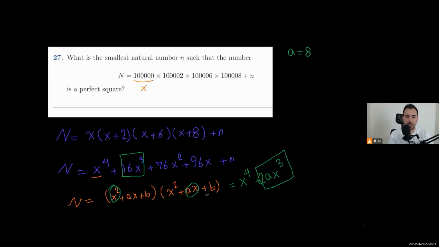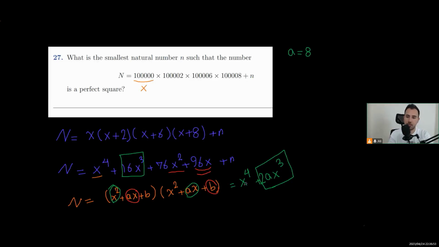Good. Now let's find another one. I will change color. I'm going to skip this one because it would be more difficult, and we don't need it. Let's just see what terms multiplied will create 96 multiplied by x. It will be ax multiplied by b. And of course, it will be 2 times because this ax will be multiplied by this b.